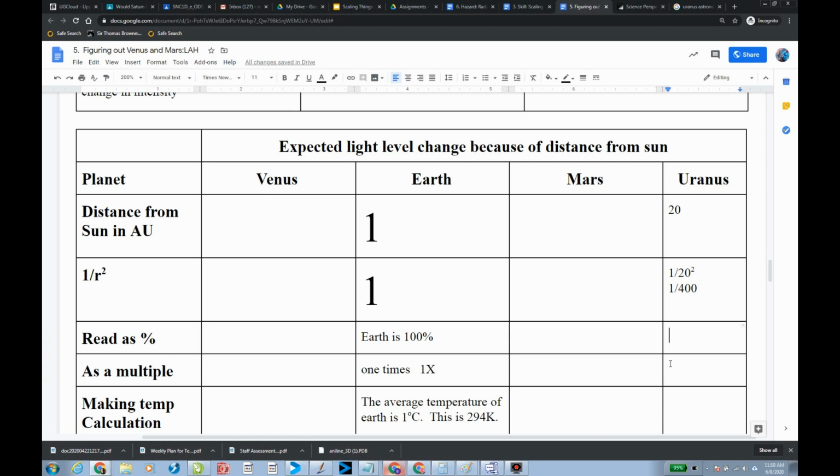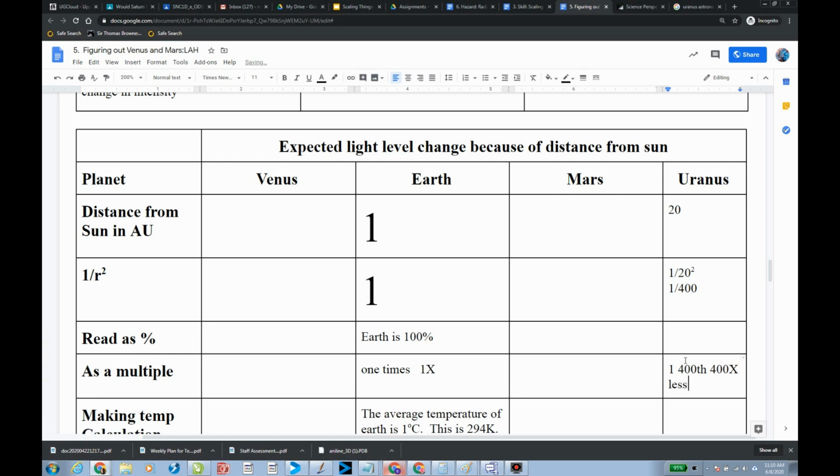This means sunlight on Uranus is 1/400th of what it is on Earth, or 400 times less.